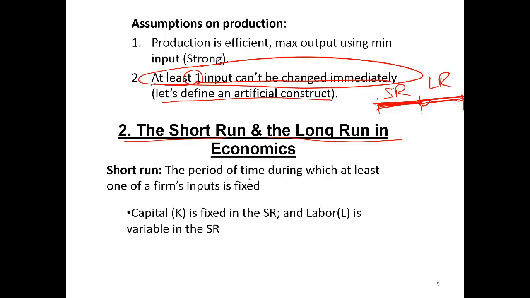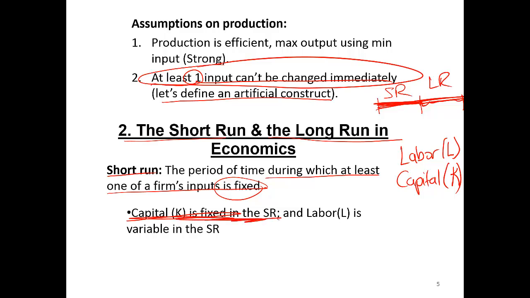So the short run is a period of time during which at least one of the firm's inputs is fixed. If we're talking about labor, which we denote with L, and capital, which we denote with K, in the short run we assume that capital, like those ovens, is fixed. That means the short run is a period of time in which you can't adjust your capital, and labor is variable, that means adjustable, in the short run.